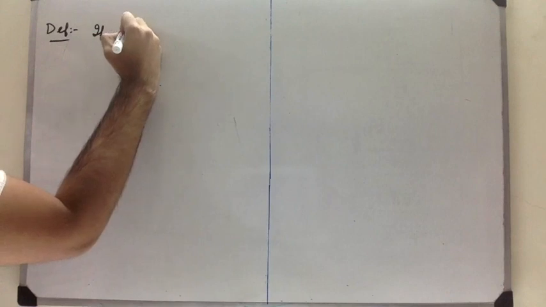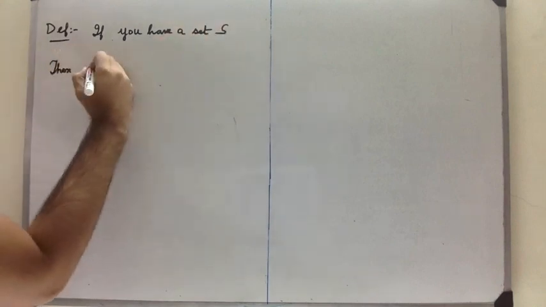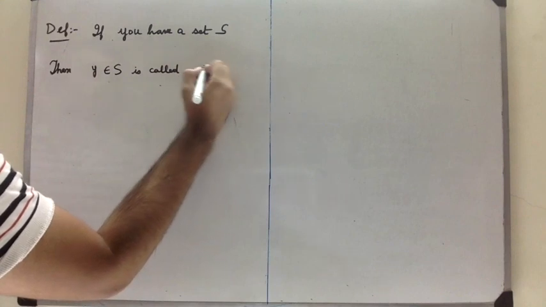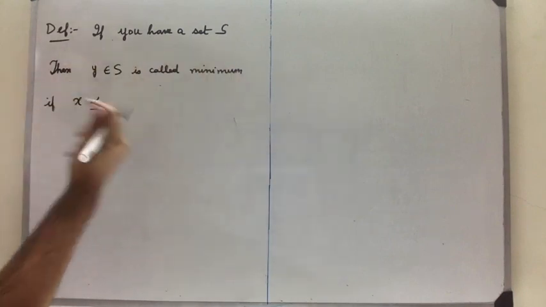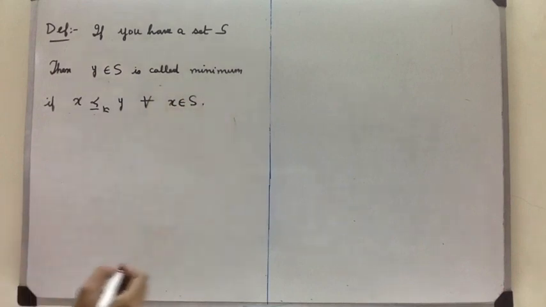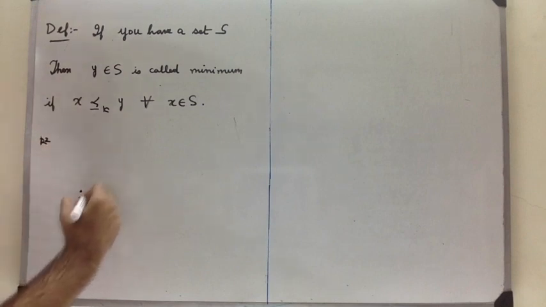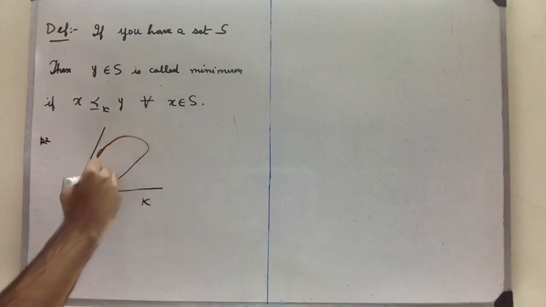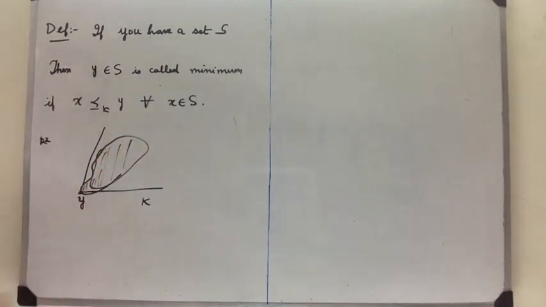If you have a set S, then Y an element of S is called a minimum with respect to some generalized inequality with some proper cone K, if X is less than or equal to Y for all X element of S. In particular, this means that, for example, if you are in some R2, and this is your Y, and your cone is something like this, the set S has to lie within this cone for Y to be the minimum element.